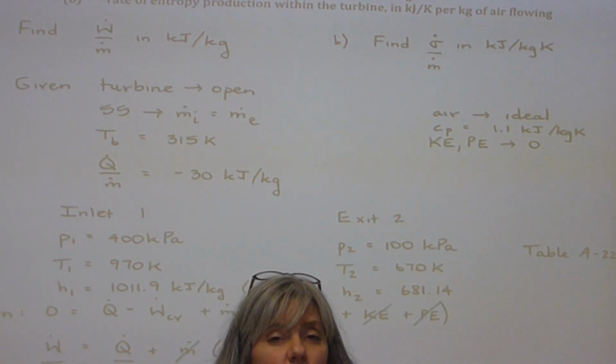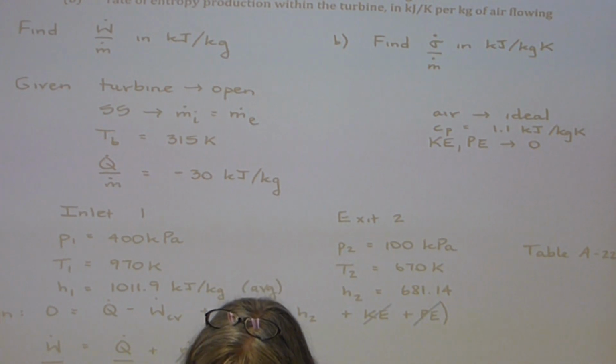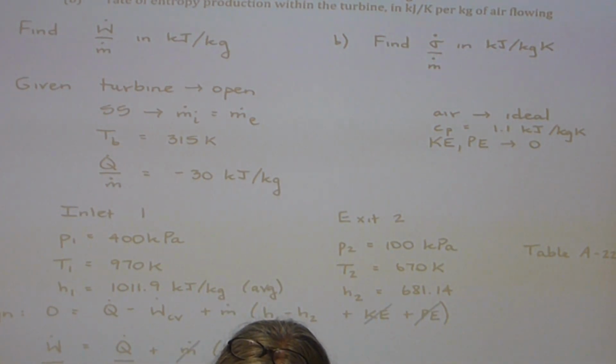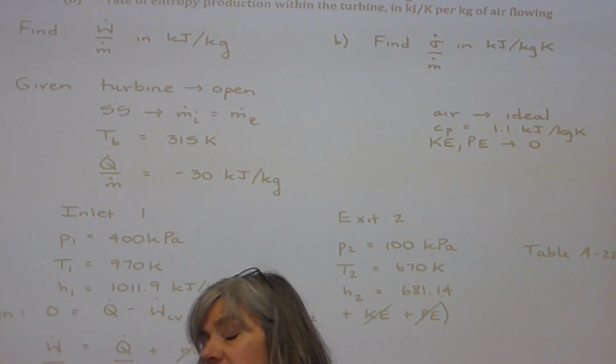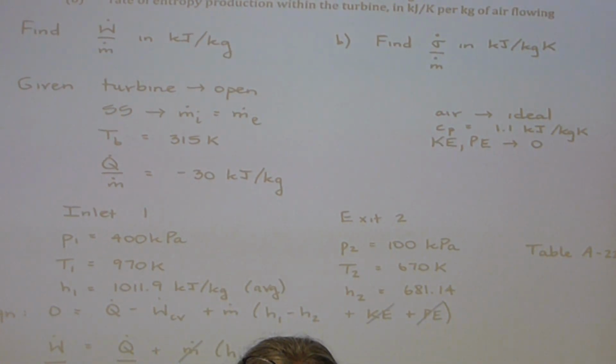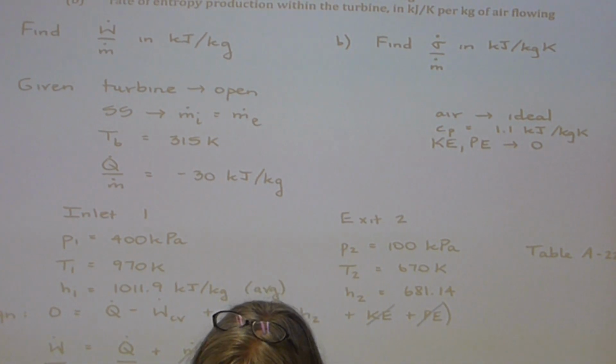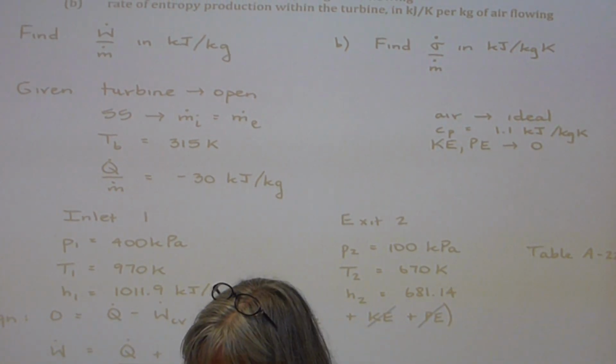Okay, could we do this another way? And the answer is yes, we do have some information additionally. Here's another plan of attack. The other thing that you can look at is because it's an ideal gas, we know that h1 minus h2 is equal to cp times (T1 minus T2). So this is going to replace just this piece right here.